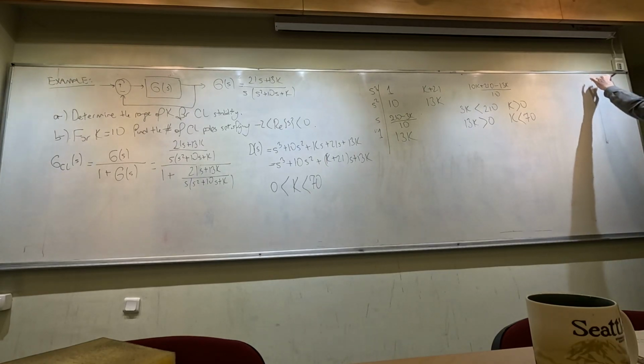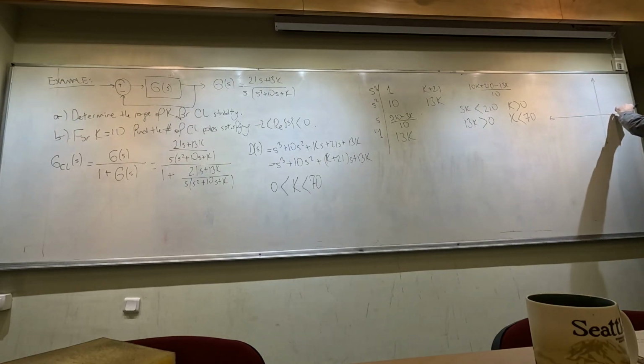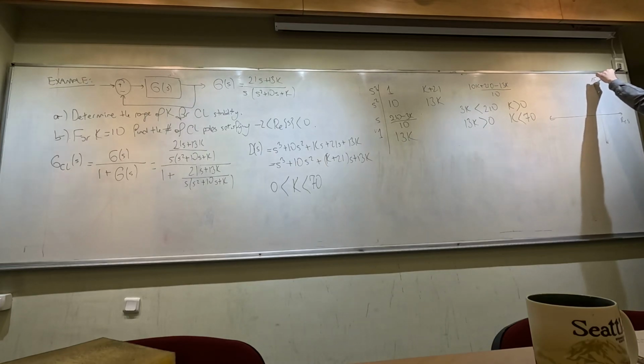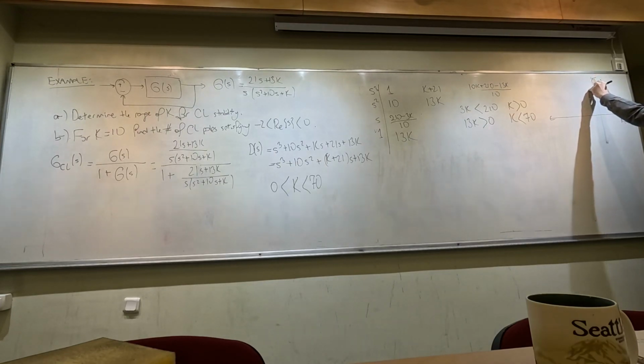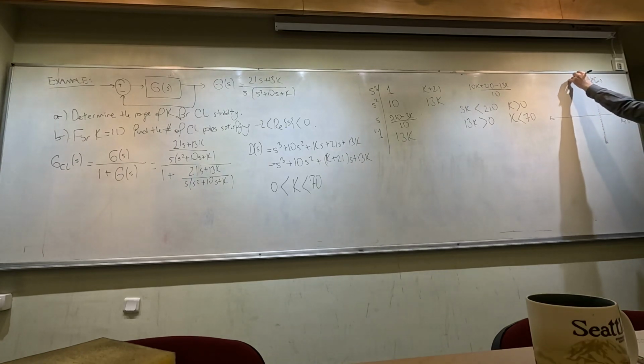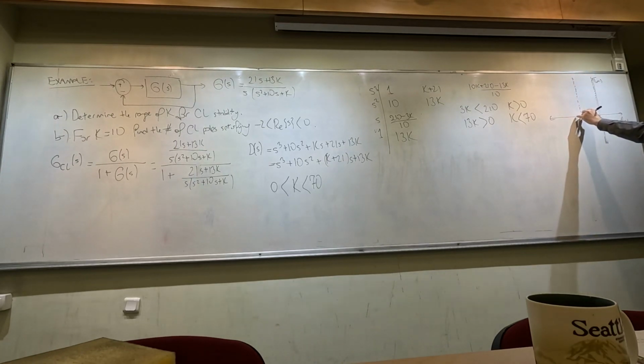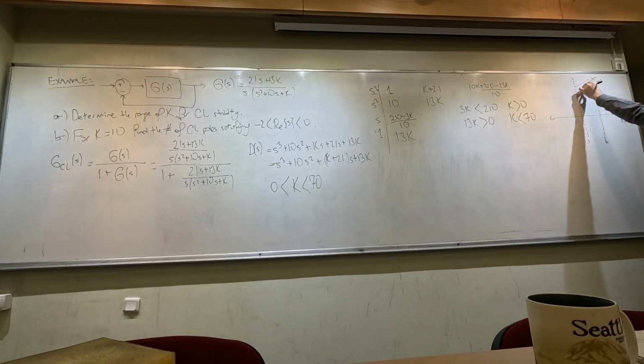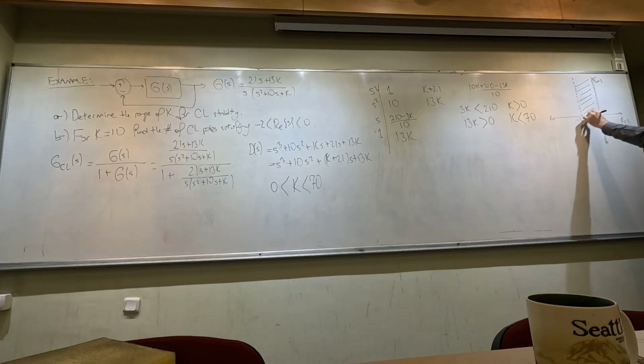It means the following. This is my complex plane, real of S, imaginary of S. I'm wondering about the number of closed loop poles lying in this part here. Okay? So this point is -2 and this is 0. So we are wondering about the number of closed loop poles in this region. Okay?